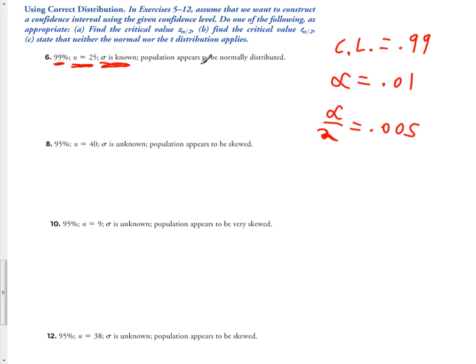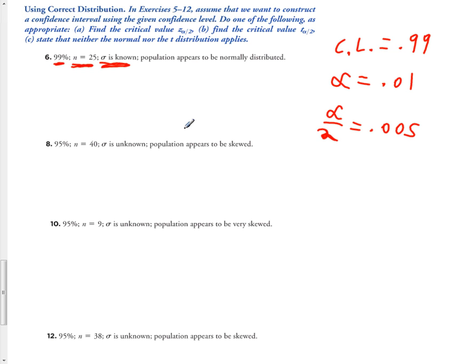Well, as long as sigma is known, we have to meet two other criteria in order to be able to use the z-score. The first criteria was that it's a simple random sample. We can assume that all these samples are simple random samples. The second requirement was we had to meet one of two conditions.